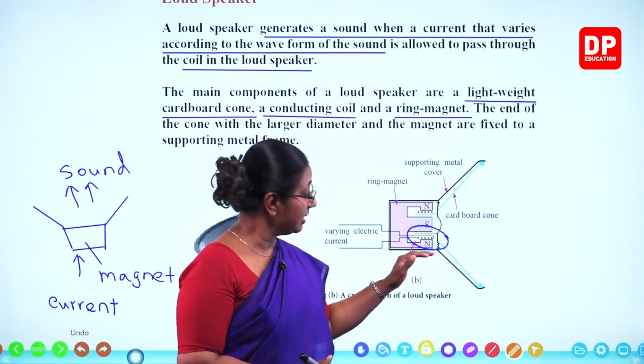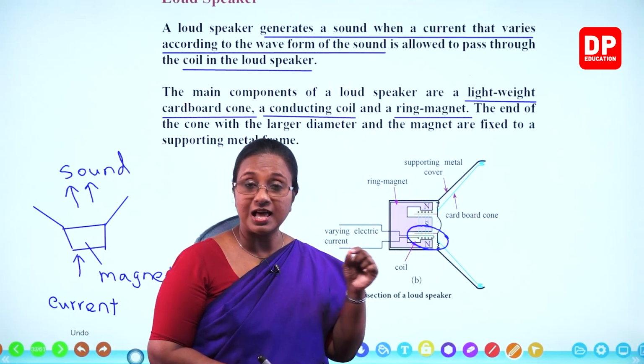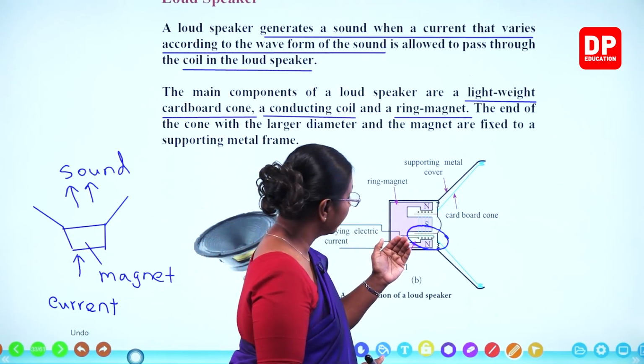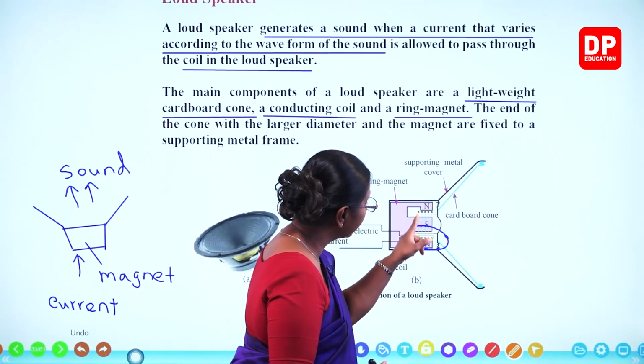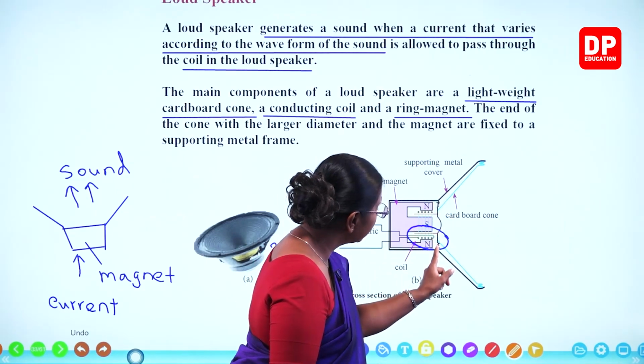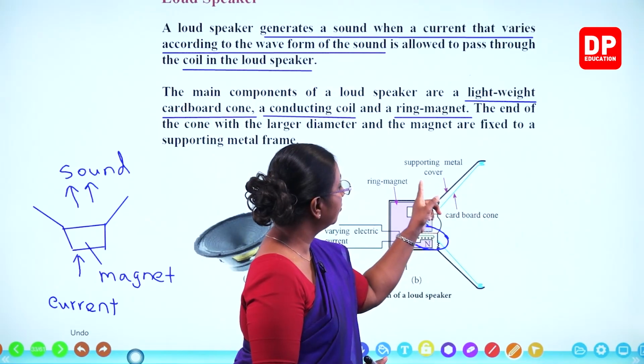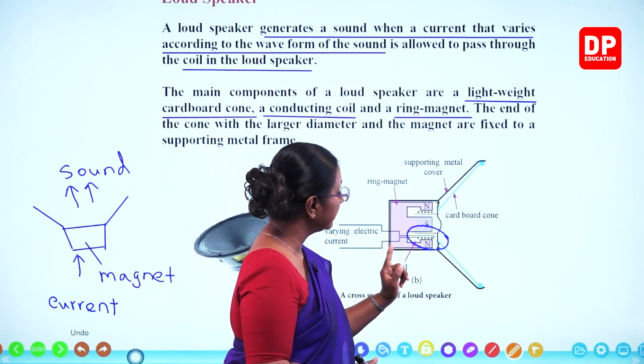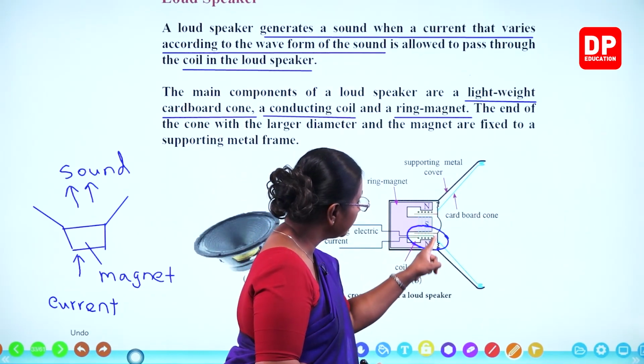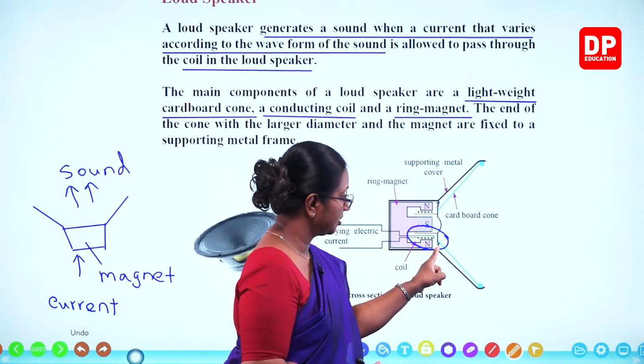But in the loudspeaker, it is not just lines, but it is a component that connects this wire coil with this particular frame. Can you see here? Cardboard cone with a supporting metal cover. In that cover, you can see this particular structure.